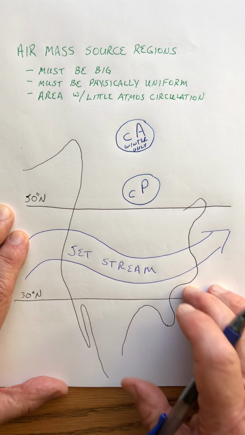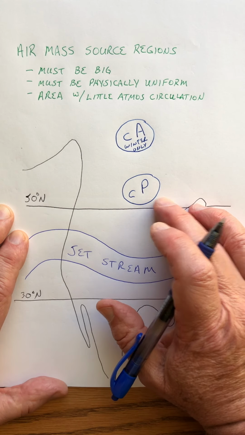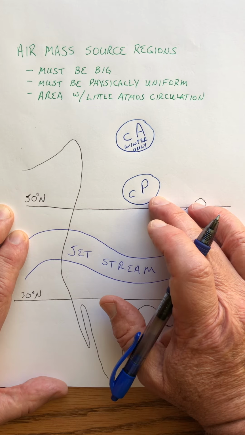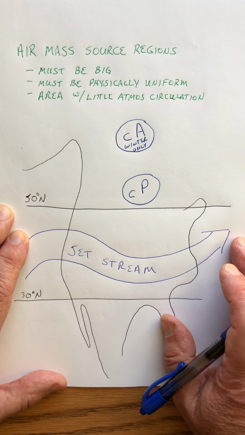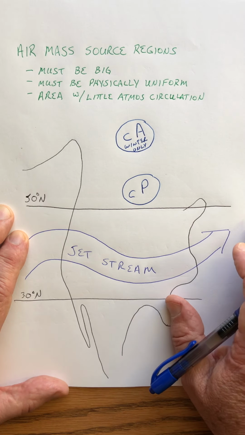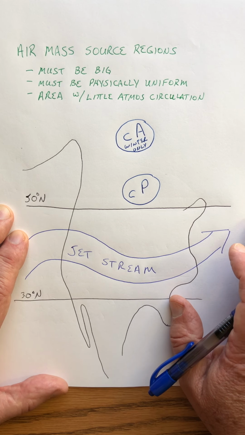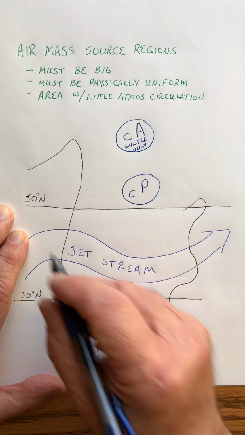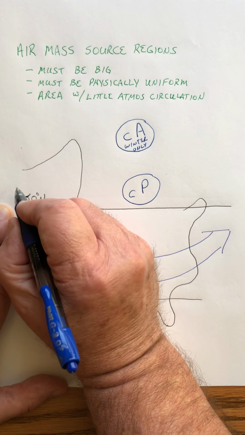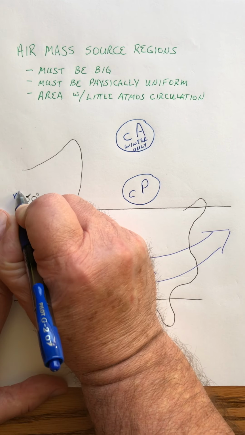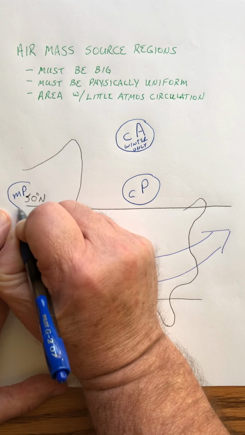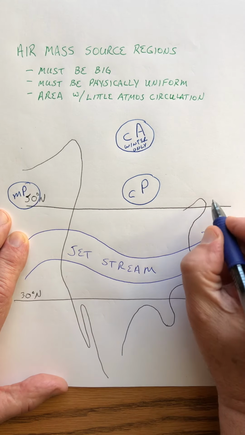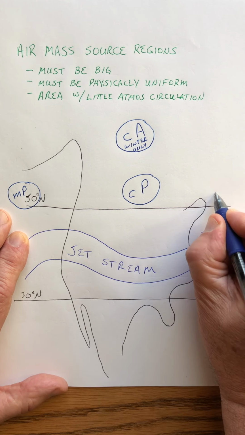In wintertime, our high temperatures are going to be in 20s, our low temperatures are going to be in the single digits. Continental polar air in the summertime, temperatures are going to be in the lower 70s for high temperatures, and low temperatures in the lower 50s. There are also maritime polar air masses, and those will be in the North Pacific Ocean and the Northwest Atlantic Ocean.